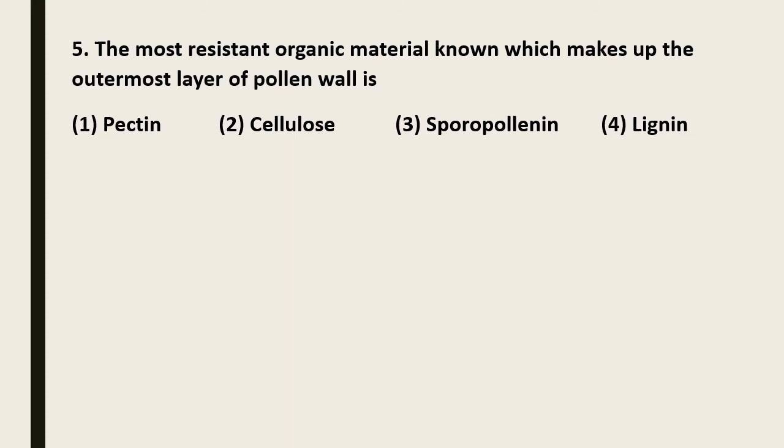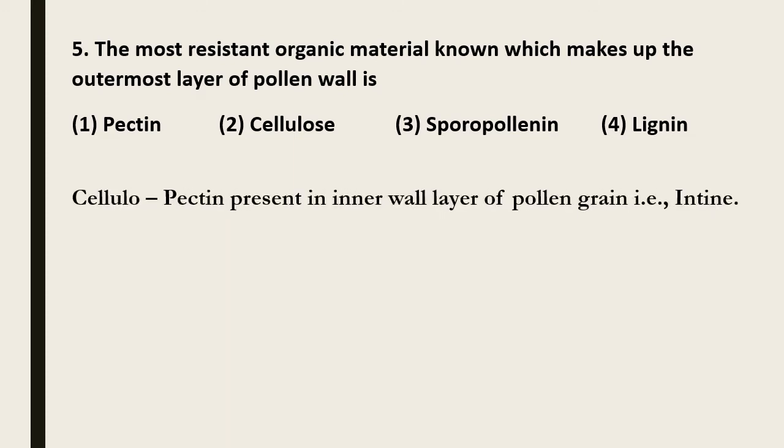Pectin and cellulose are present as cellulopectin in the inner wall of the pollen grain, the intine. So the intine is composed of pectin and cellulose. That's why the first two options are not the answer. Lignin is not present in the wall of the pollen grain.